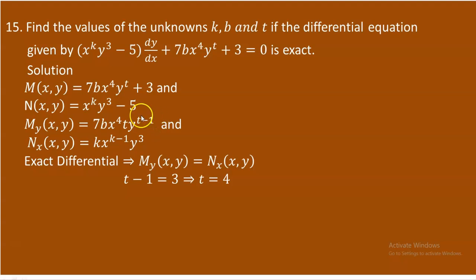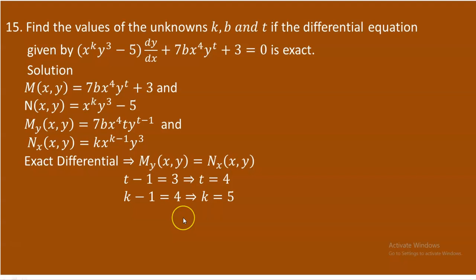So necessarily t minus 1 must match 3. So t minus 1 is equal to 3, and from this t comes to be 4. So we now have t equal to 4. And again, the exponent for x is k minus 1, and here the exponent for x is 4. So k minus 1 has to be 4, and from this one can determine k to be 5.